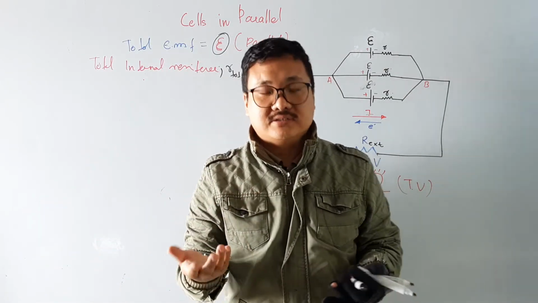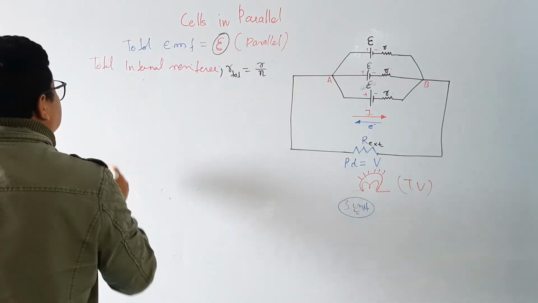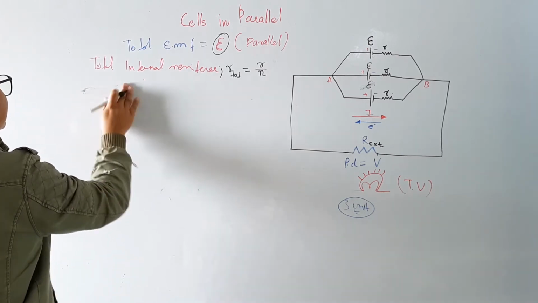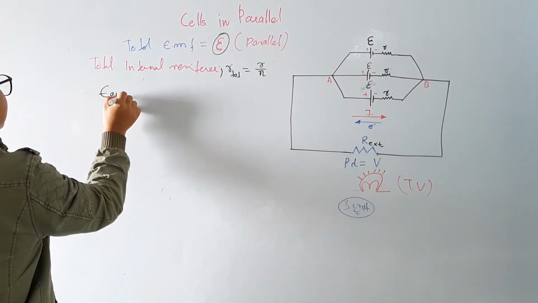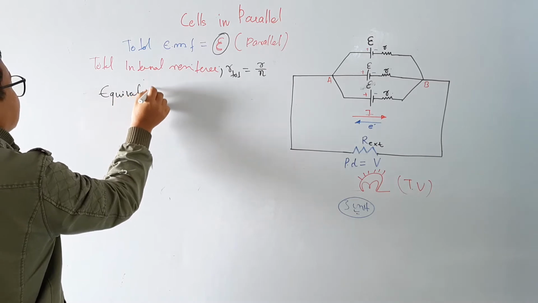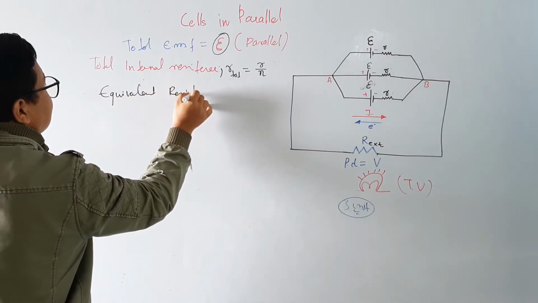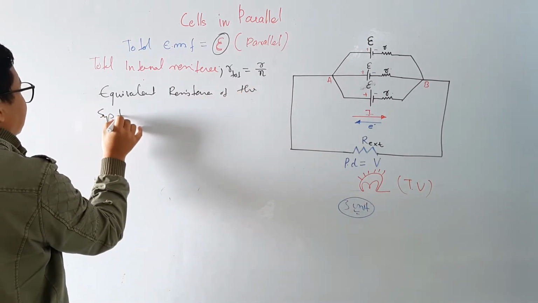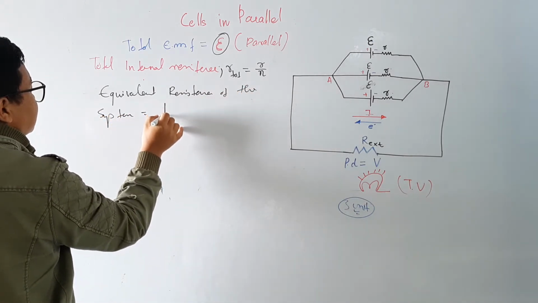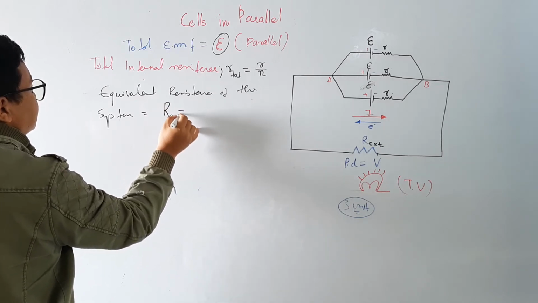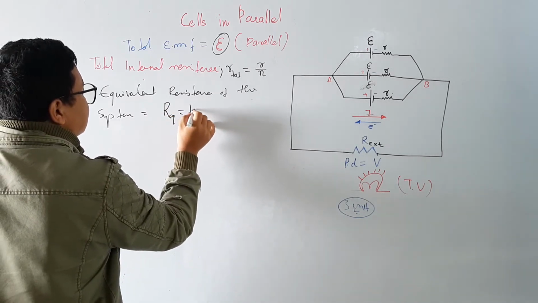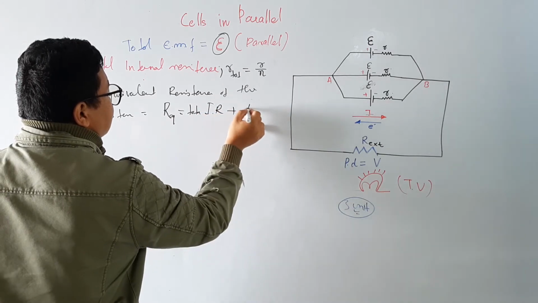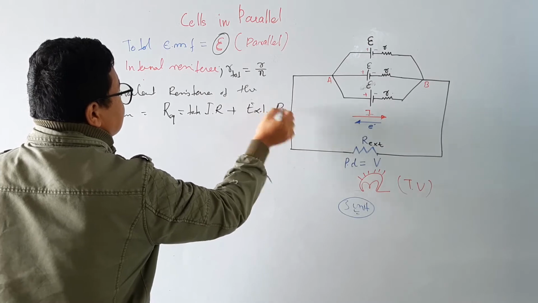So let us calculate. The equivalent resistance of the system, R equivalent, is equal to how much? Total internal resistance plus external resistance, right?